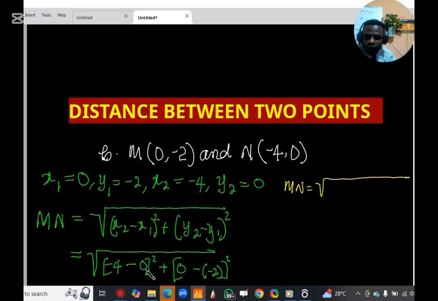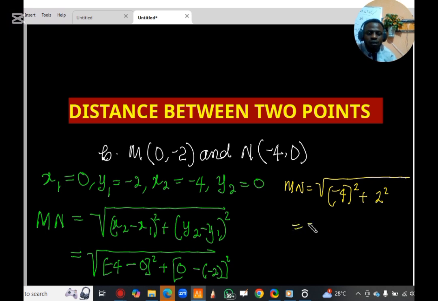negative 4 minus 0 is still negative 4, negative 4 all squared, plus 0 minus negative 2 is simply 2. Yes.